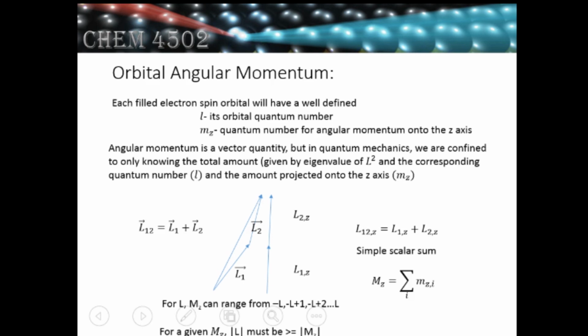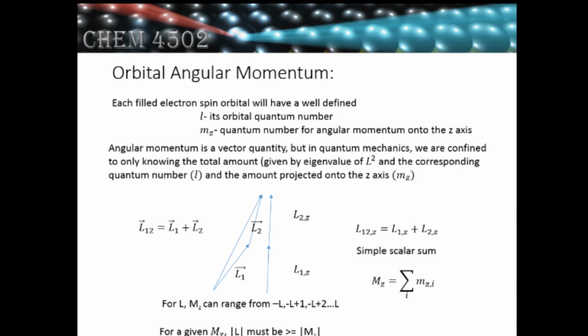Once we know capital M sub L for a given state, that gives us some idea of what L could be. Not what it is, but what it could be. Remember, when we've been assigning little m for angular momentum, we've been saying that it can take on a range of numbers, right?